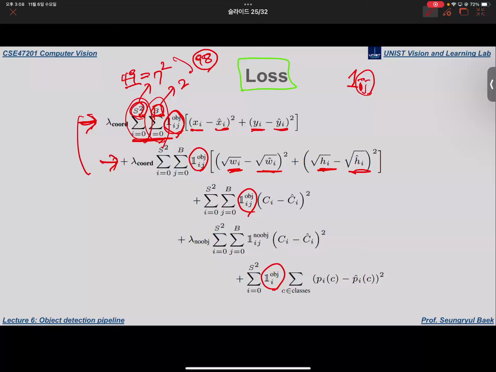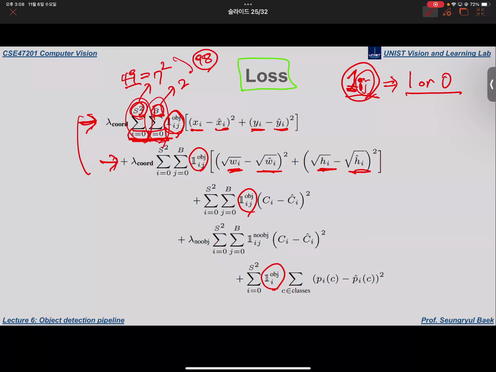I is for grid index, and J is for bounding box index. This one has only a value of either 0 or 1, depending on whether that grid has an object inside or not.